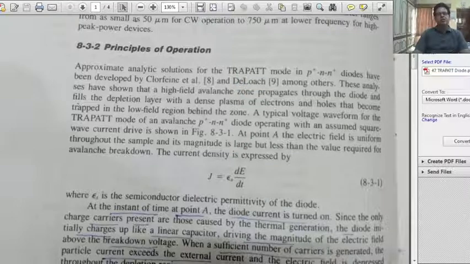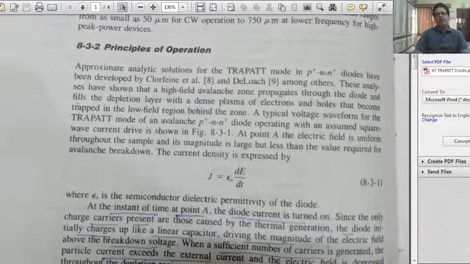These analyses have shown that a high field avalanche zone propagates through the diode and fills the depletion layer with a dense plasma of electrons and holes.